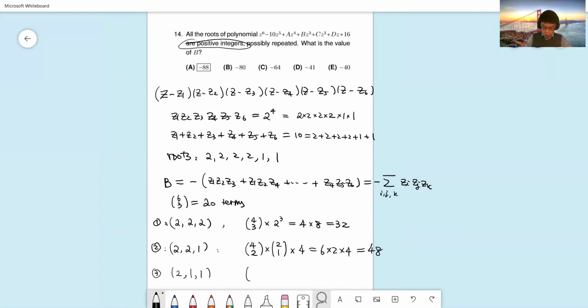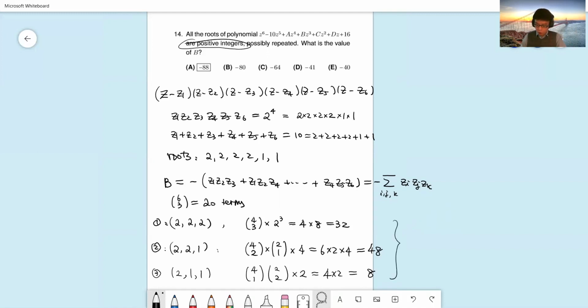We choose a 2 from 4 twos, 4 choose 1, and from the ones, 2 choose 2, which is only one way. Each product has value 2, so it's 4 times 2, which is 8. We cannot have 3 ones because we only have 2 ones. So these are all 3 cases.